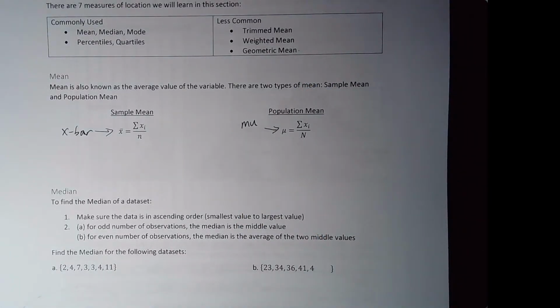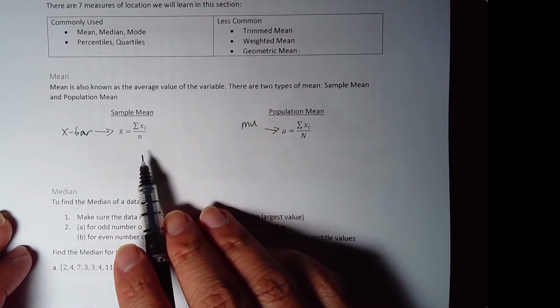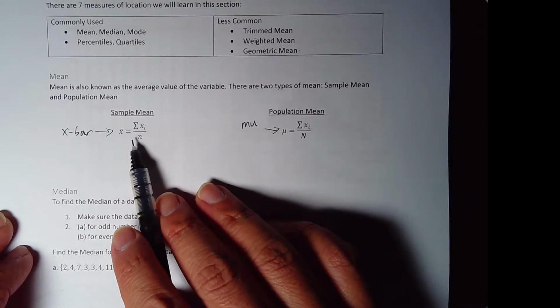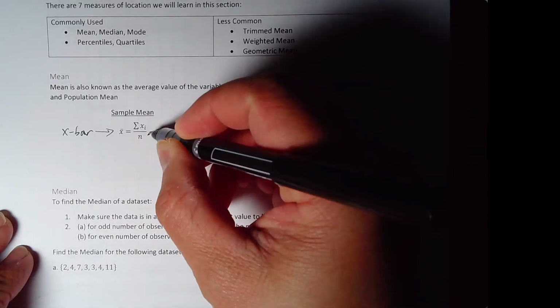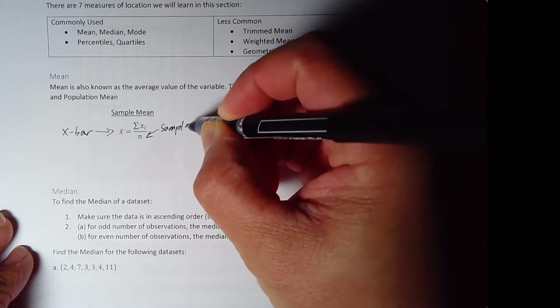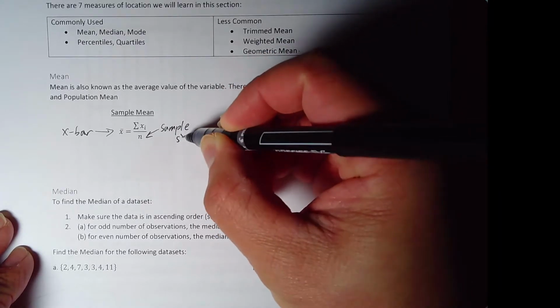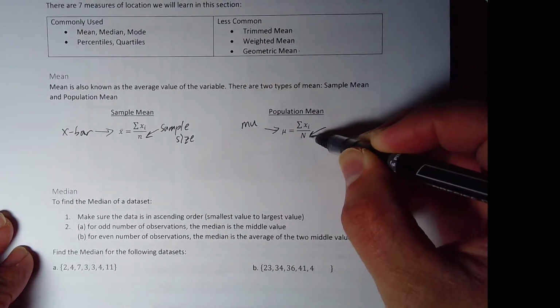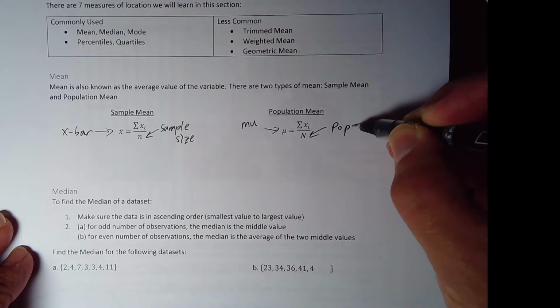By the way, most of the time we're going to use the words mean and average interchangeably. And whenever we talk about sample and population, little n is going to be the sample size, how many data points or observations you have in your sample, and big N is going to be the population size.